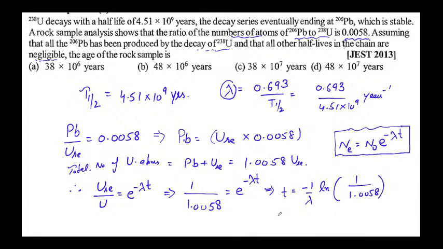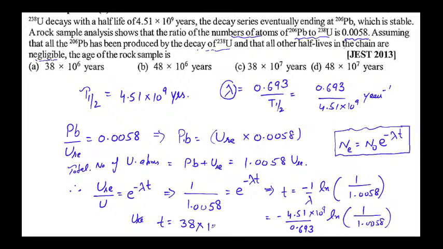So putting in the value of lambda, minus 4.51 over 0.693 into 10 raised to power 9 times log of 1 over 1.0058, and when you calculate it, this comes out to the order of 38 into 10 raised to power 6 years.